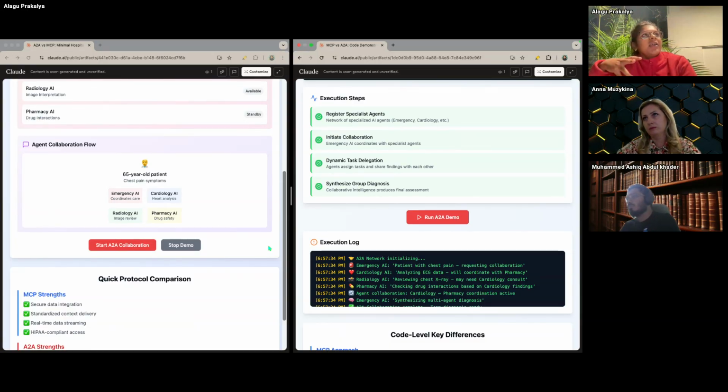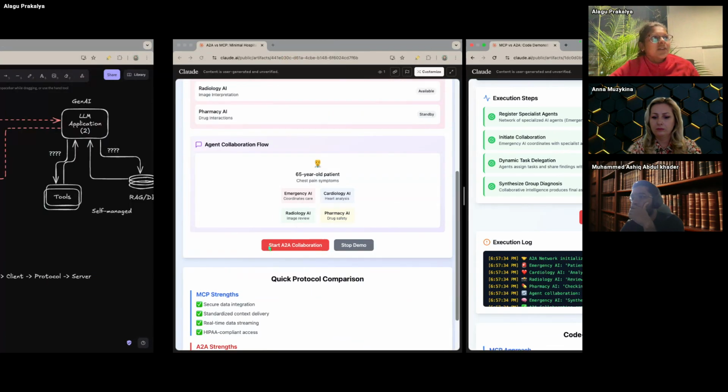When A2A got released, it came with around 40 supported platforms which already established this protocol. So this enhances the unification and improves the intelligence of the system itself. The use cases are infinite when we empower A2A plus MCP together.